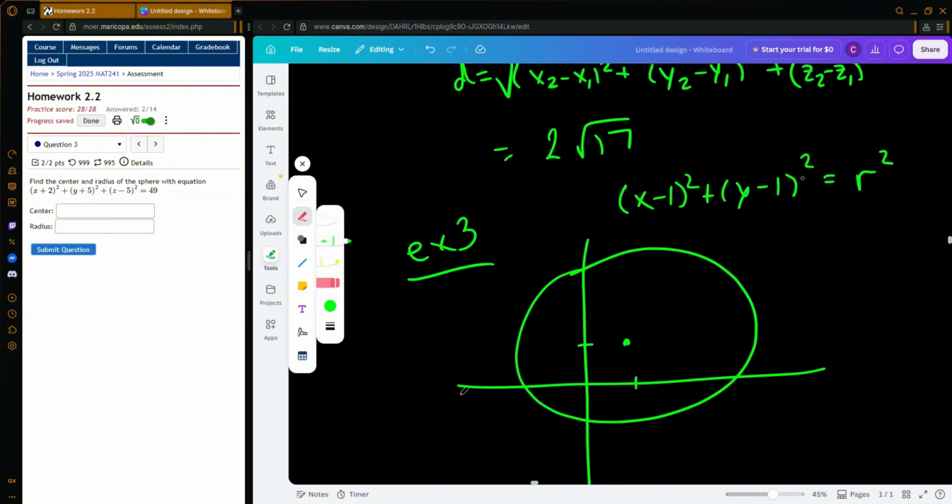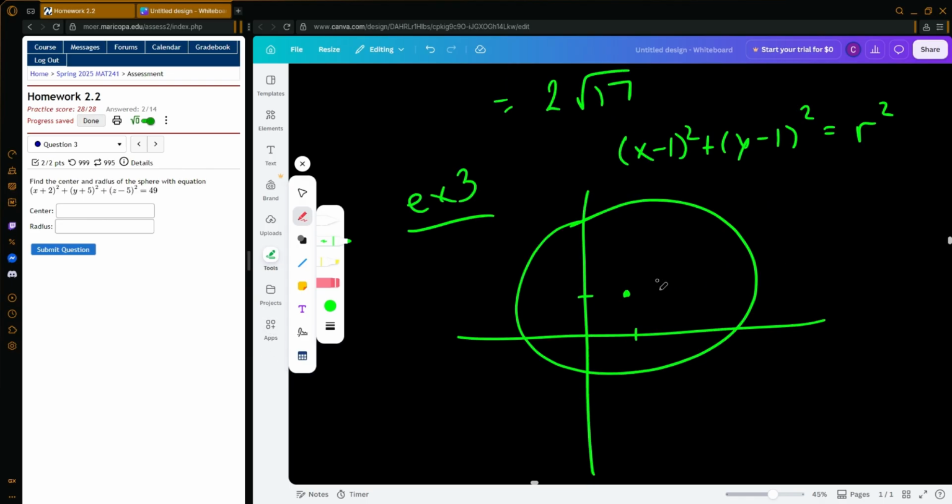So that extends to a sphere, to 3D. If we want to find the center, it's going to be the flip of this one, the flip of this one, and then the flip of the z coordinate. So the center will be -2, -5, 5. And then the radius is this. This is r squared, so we want to take the square root, so the radius is 7.